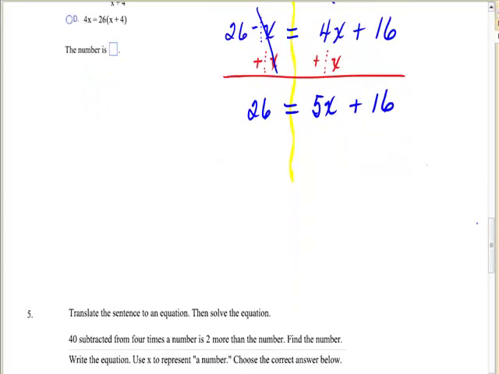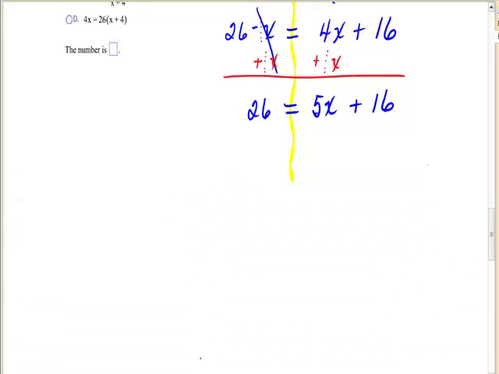All right, now I focus over here on the right. Do I have a constant to get rid of? The answer is yes. I will subtract 16, so I have to do it over here. That gives me 10 is equal to 5x. Still focused on the variable side. The coefficient of the variable is 5.